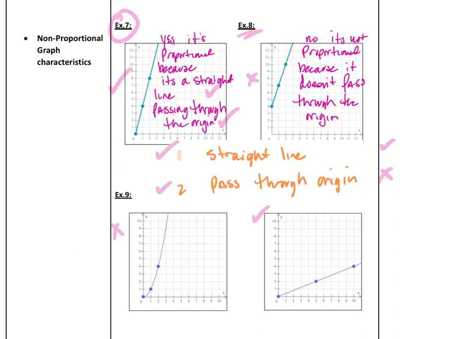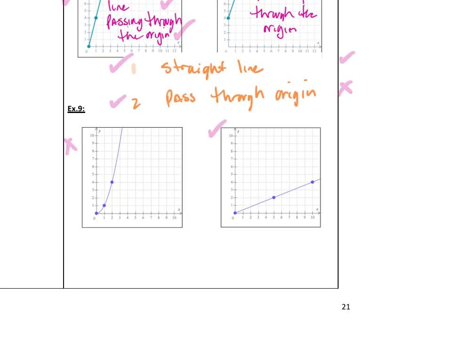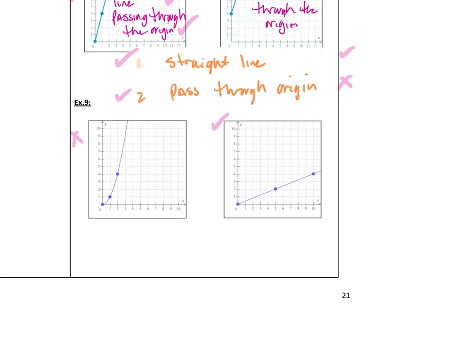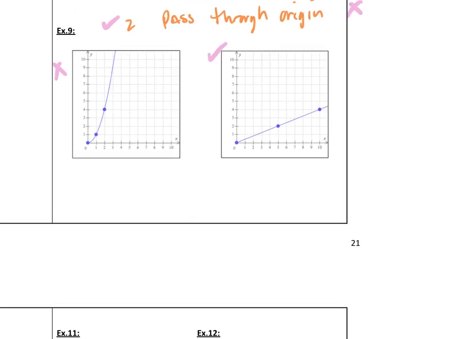Okay, so then look at these two problems. How would you write your answer for those two, if they are or are not proportional? Okay, go ahead and write that down and see if you write it correctly.